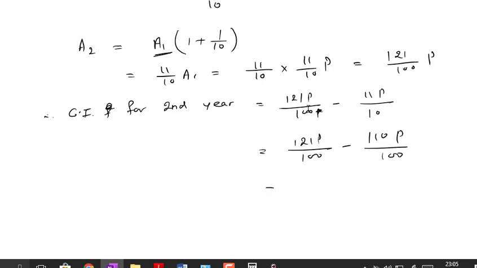So 121 minus 110 gives us 11P upon 100. So 11P upon 100, this is the compound interest for the second year.